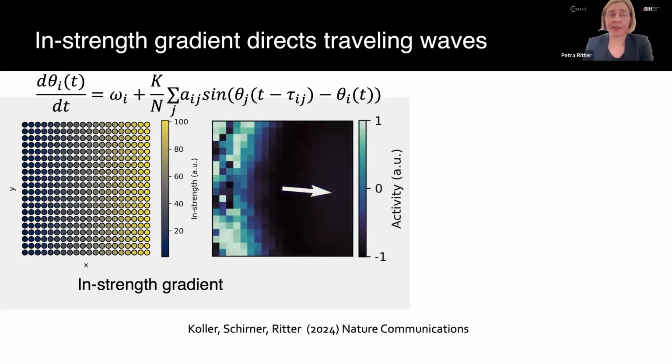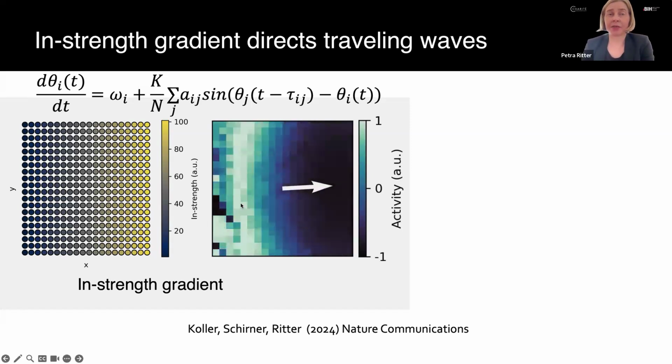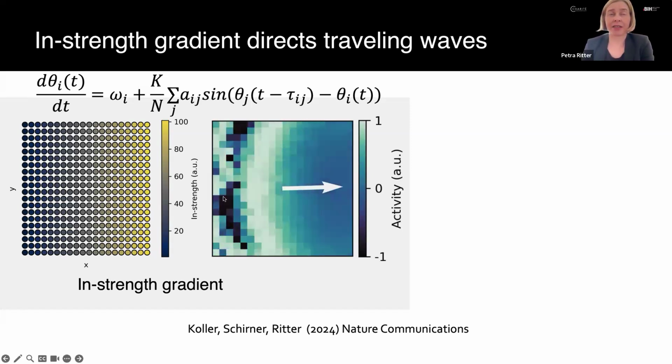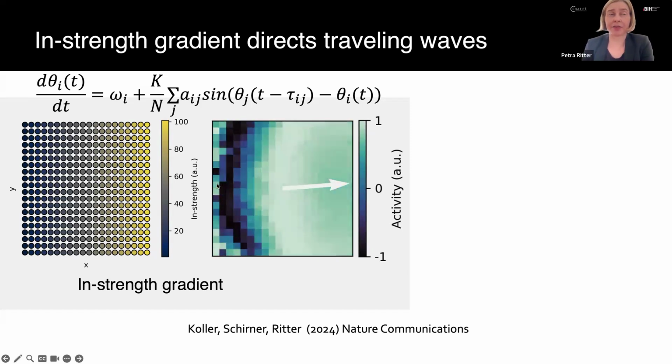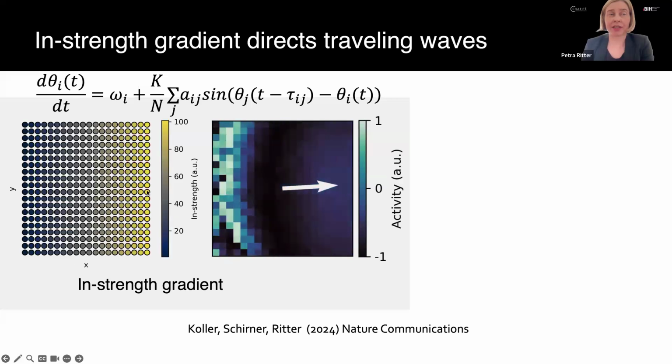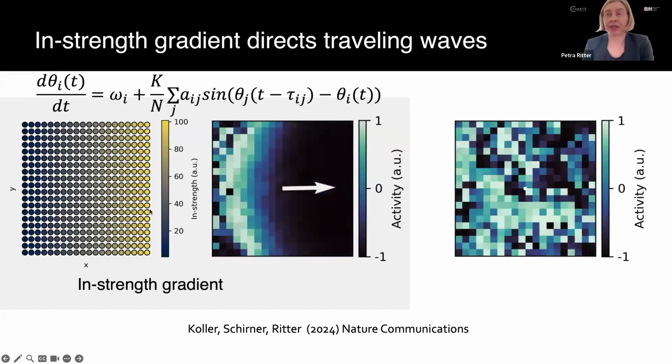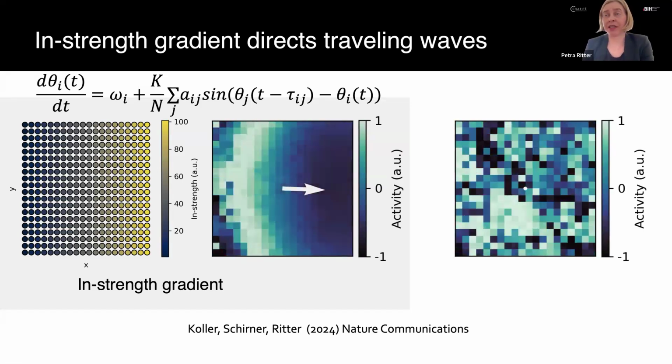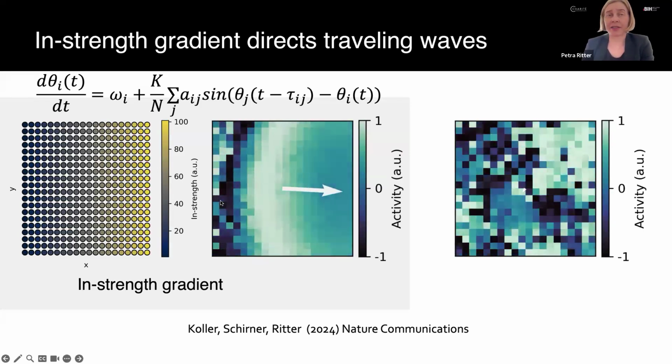So this has been tested. And indeed, in this simple simulation, these traveling waves very clearly occur. And if we now change the in-strength gradient and distribute it randomly in the network, then we can also see there are traveling waves, but they are not directed as here.